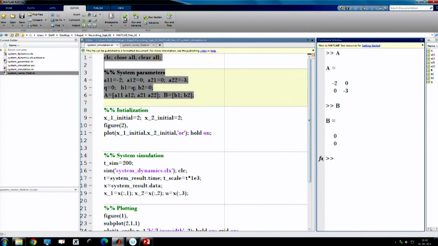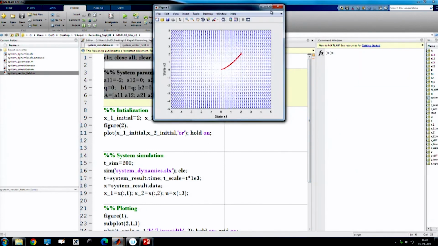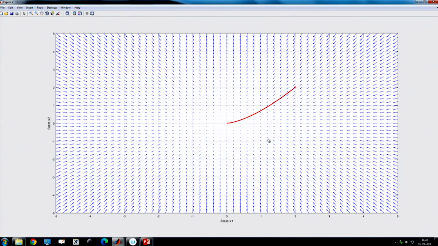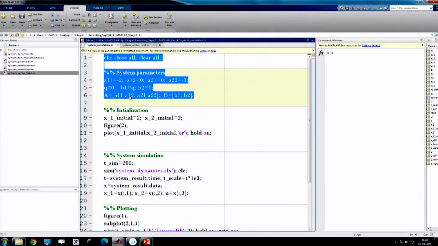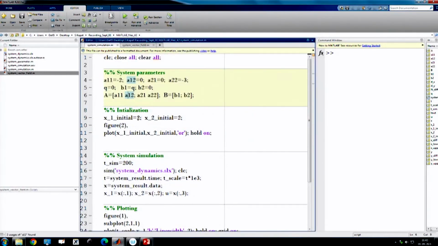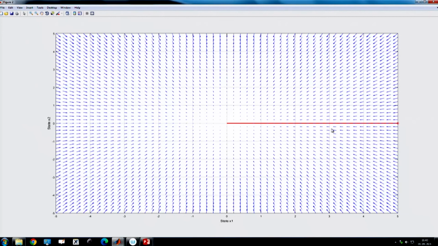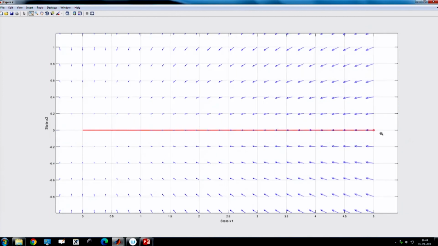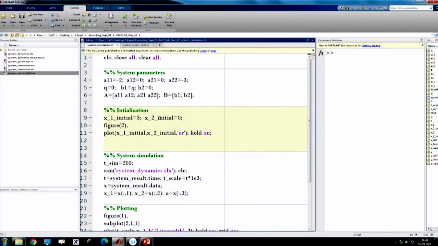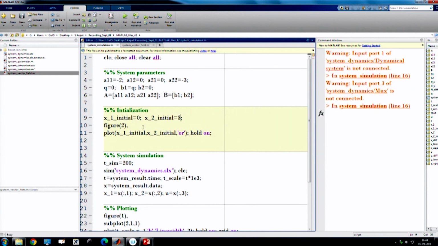If I run it, this is a vector field, and you can see if you choose any vector, that means if I choose an initial condition, let us say on this axis, choosing 5 here and 0 here, my initial condition will be along the axis. You see it is along the axis, so it will always go towards the origin, and this is an invariant vector field that I have told you about; it will move along this path. Similarly, if I choose the initial condition 0 and 5, you will see it will move along the vertical axis.